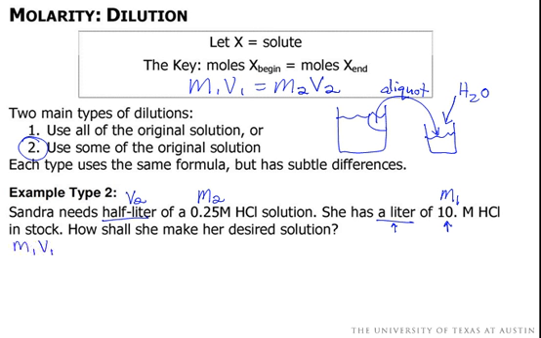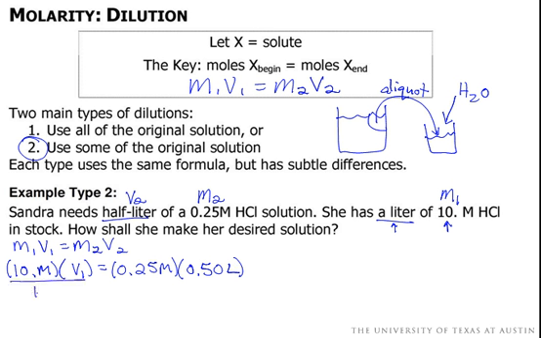So using M1V1 equals M2V2 and substituting my givens, I get 0.25 molar for M2, half liter, that's 0.5 liters.